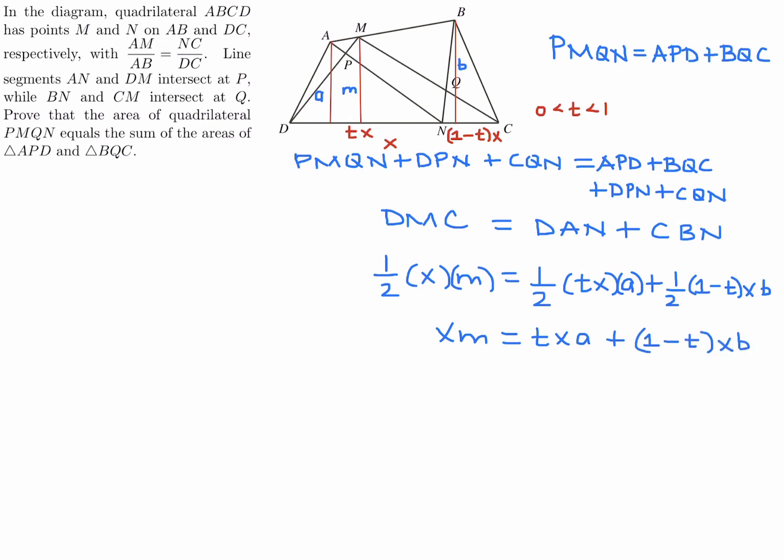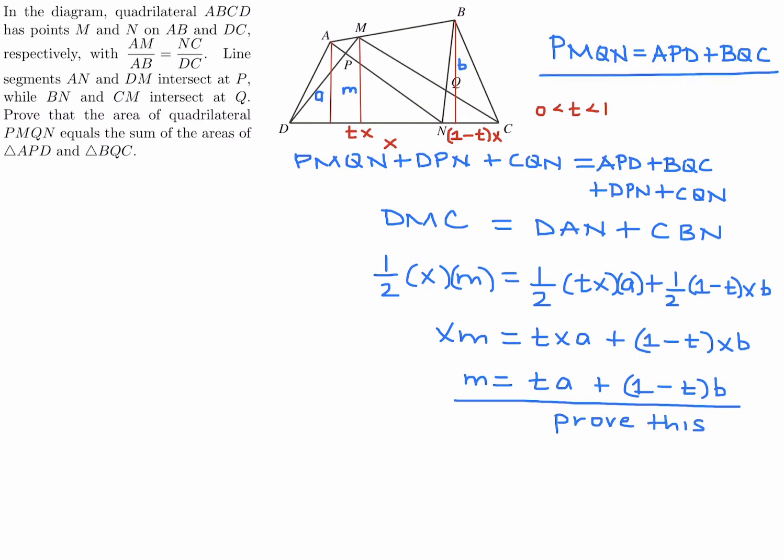And then you notice the x's cancel for everything, so that just leaves you with m is equal to Ta plus 1 minus T times B. And that's it. So we have to prove this. If we can prove that, then we have proven that this is equal to that, which is what they want you to figure out in the original question.